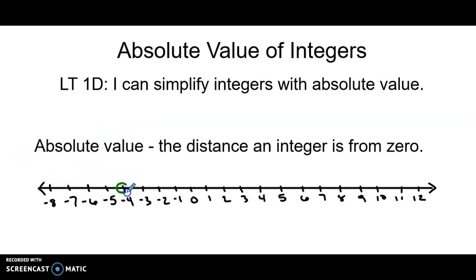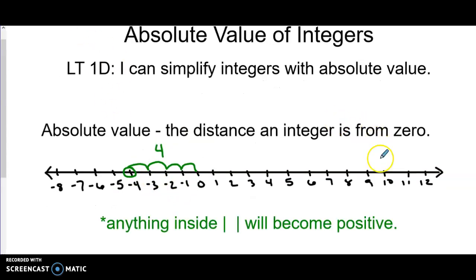Here's -4. If we're looking at the distance from 0, it's 1, 2, 3, 4 units away from 0.